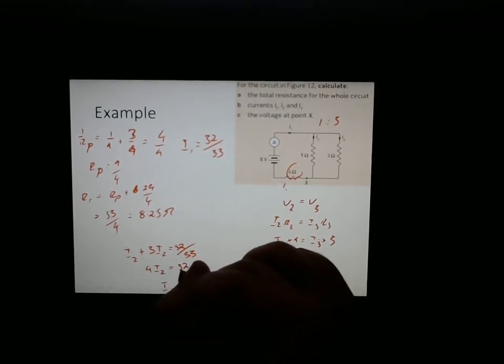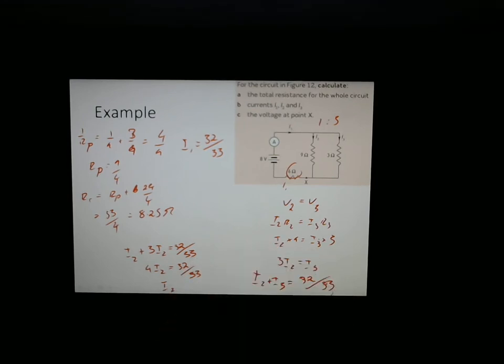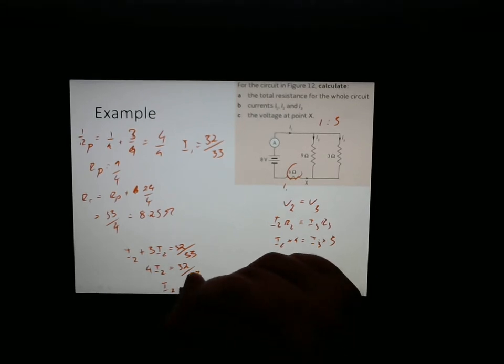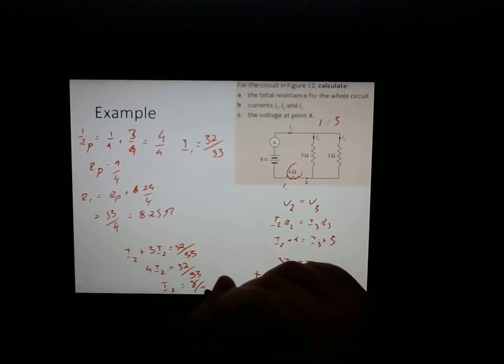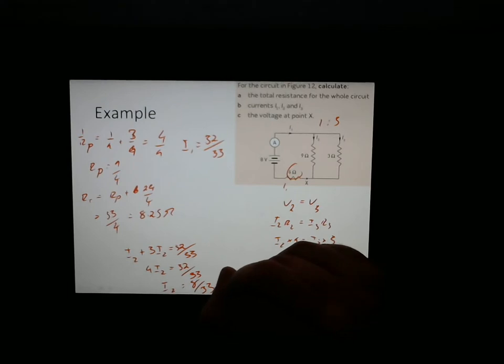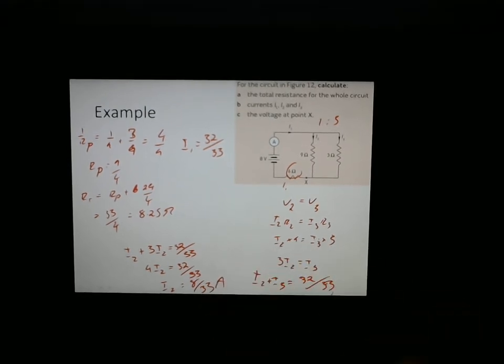When we divide, we just need to worry about dividing the numerator by it, and dividing 32 by 4 will give us 8. And I will leave you to work out the value for I3 by using this relationship here.